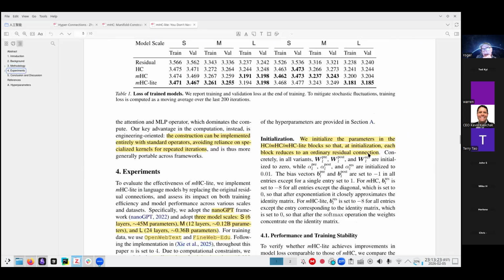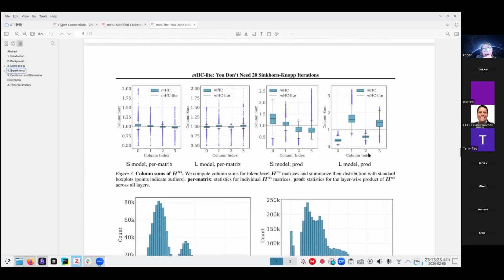I don't remember if we have that figure. I think this shows that value. So it's always one with the factorial approach, while with MHC they fluctuate around one. It's not exactly one. Very cool.